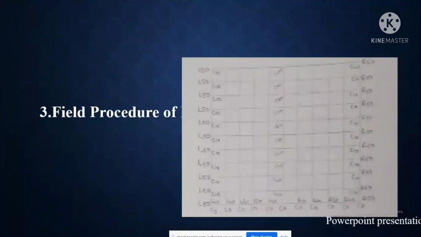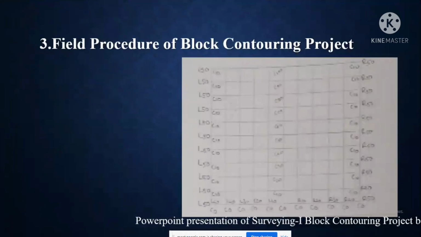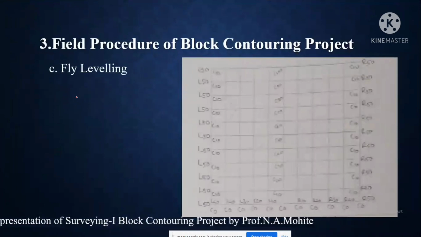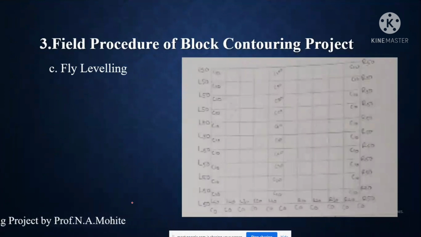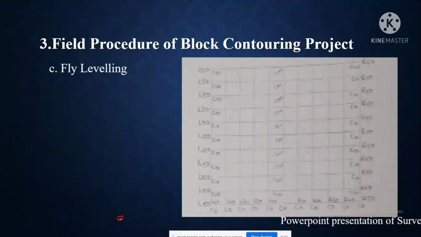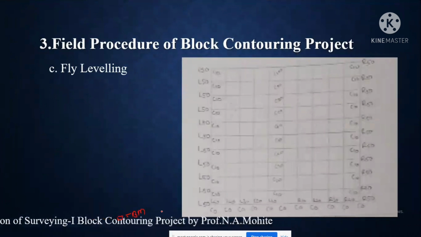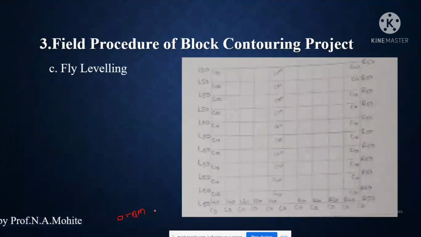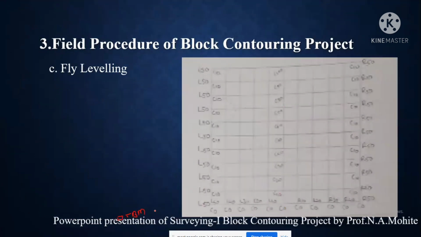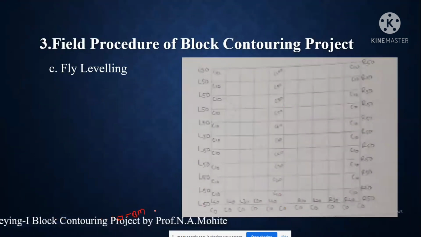Now, after forming the grid, we will be doing the fly levelling. With the help of a randomly chosen temporary benchmark, from which fly levelling will be conducted. So fly levelling is nothing but shifting the temporary benchmark up to the starting point of your project, in which only backsight and foresight readings are taken.